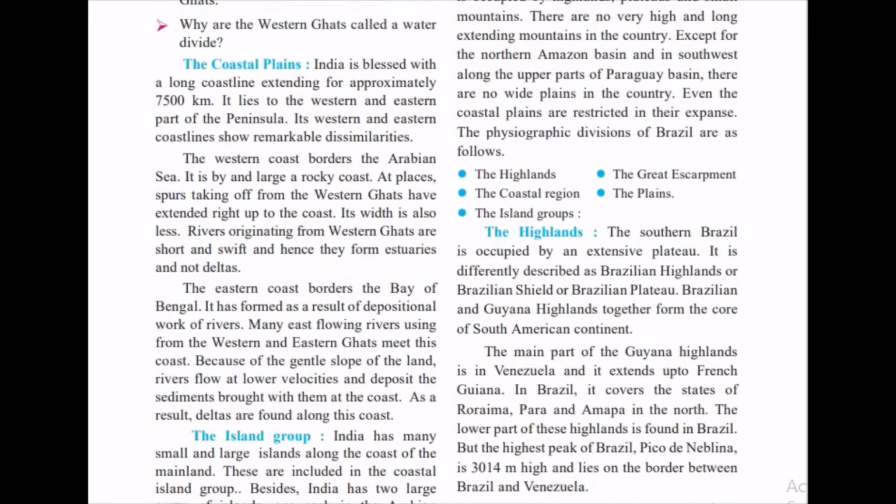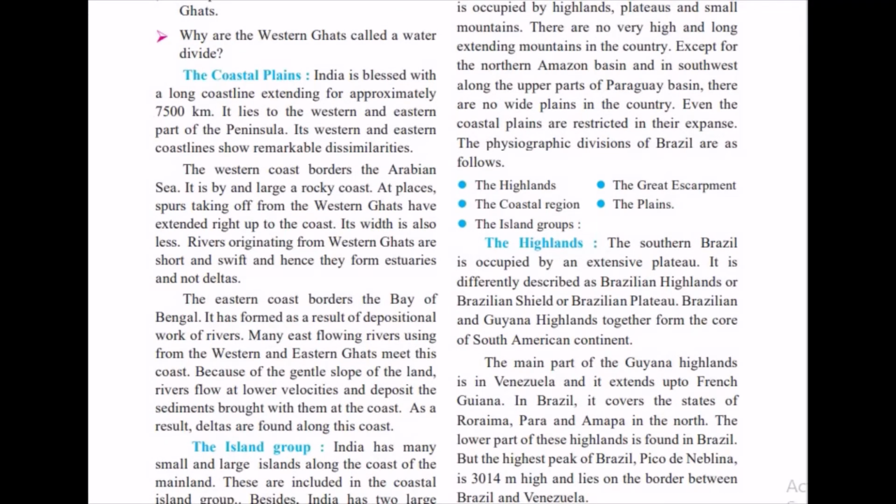Now, my dear students, further we will see the coastal plain. India is blessed with a long coastline, 7,500 kilometers. It lies to the western and eastern part of the Peninsula. Its western and eastern coastlines show remarkable dissimilarities. The western coast borders the Arabian Sea.